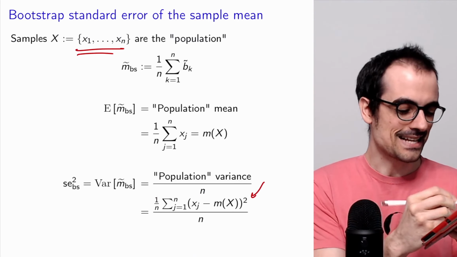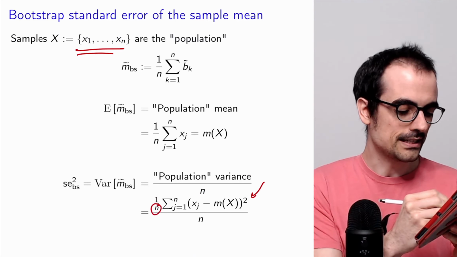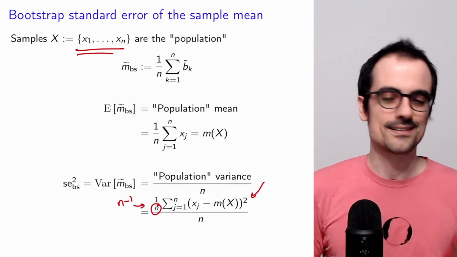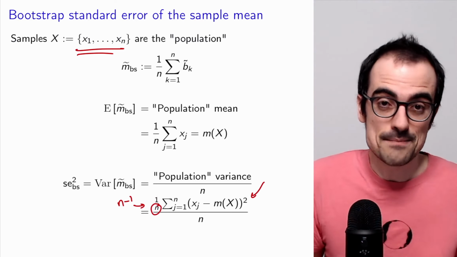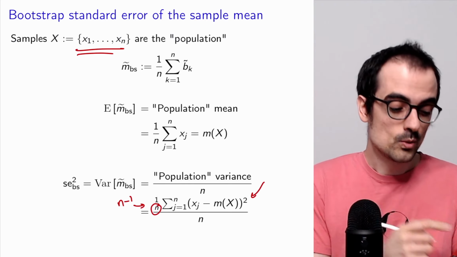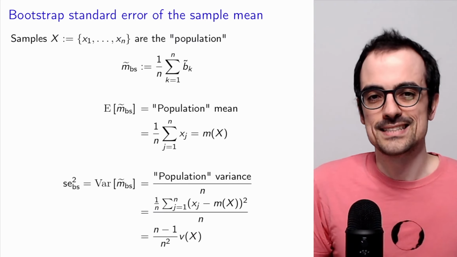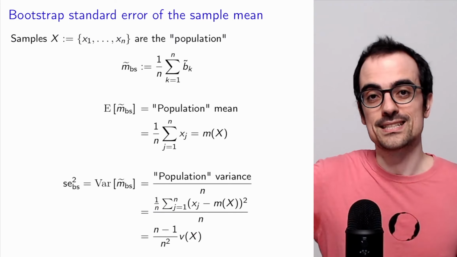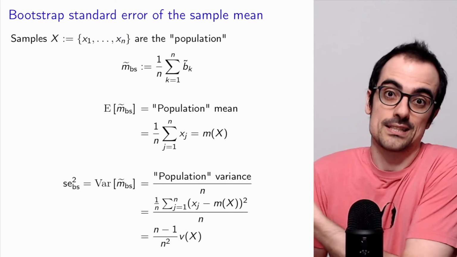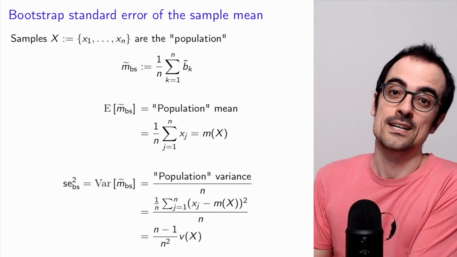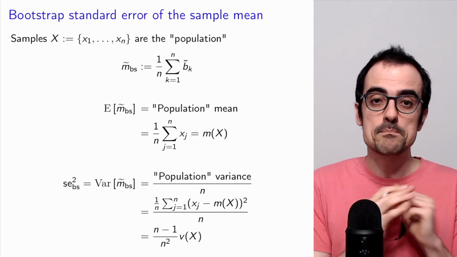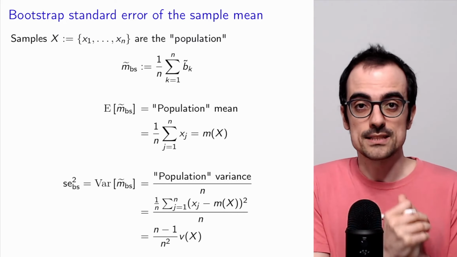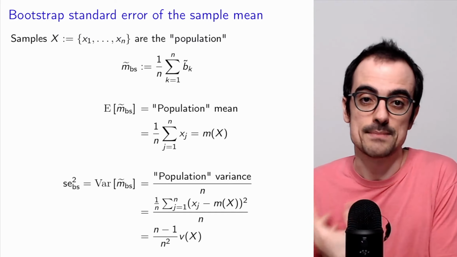It's not exactly the sample variance because in the sample variance we put n minus 1. But when you correct for that, it's essentially the sample variance divided by n, which is exactly the formula we have for the standard error computed in the traditional way, where we approximate the population variance and divide by n. This is why for the sample mean, the bootstrap standard error and our usual estimate of the standard error are essentially identical.